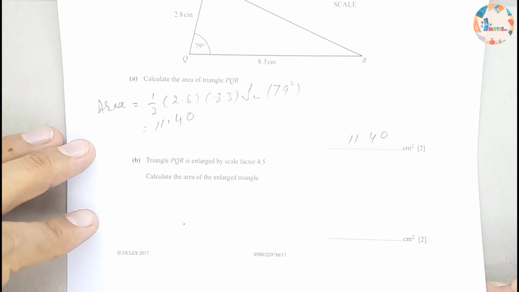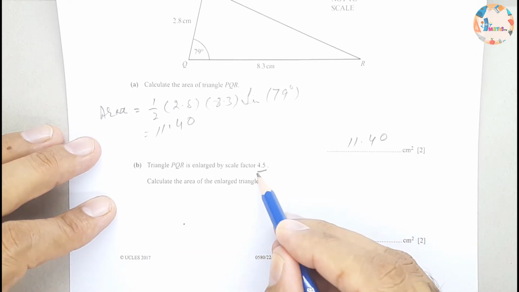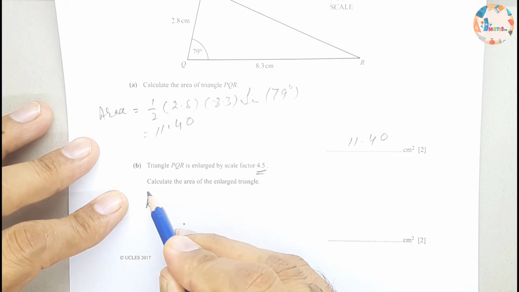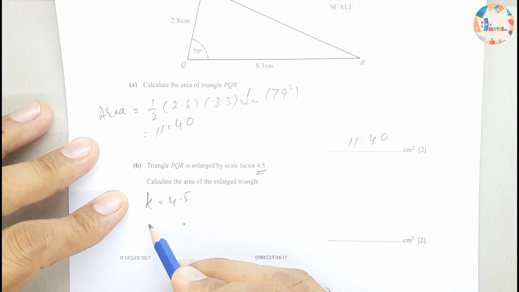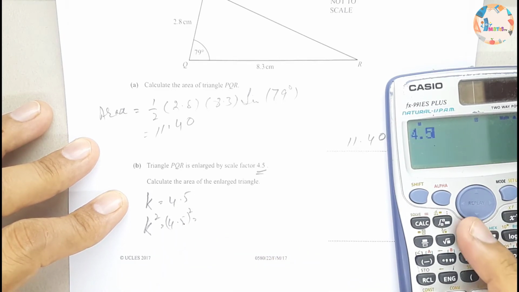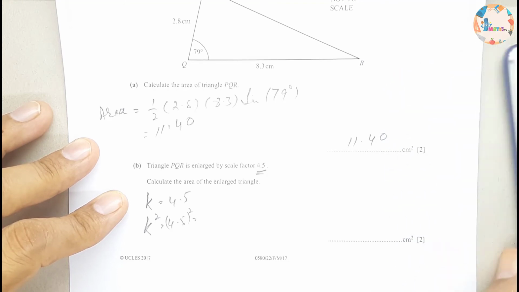Next part, triangle PQR is enlarged by scale factor 4.5. Calculate the area of the enlargement. So the K factor, which is the conversion, is 4.5. For area we have to use K squared. So we can write 4.5 squared, which will be equal to 20.25.